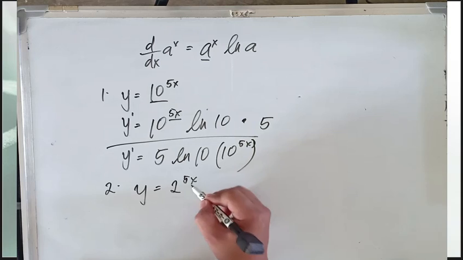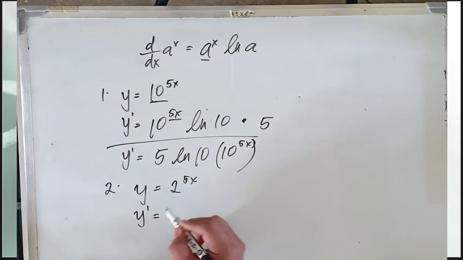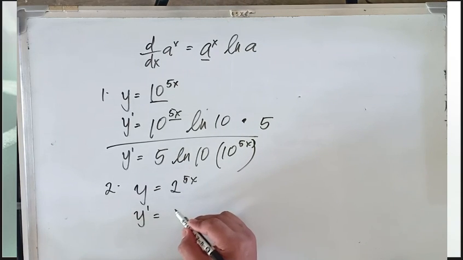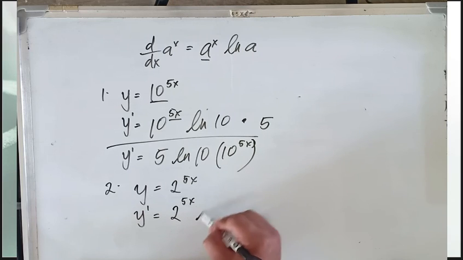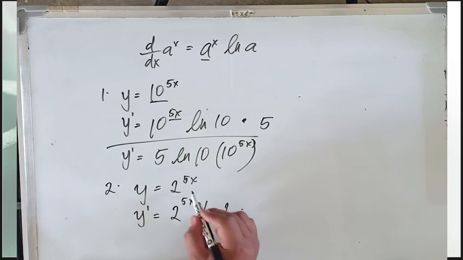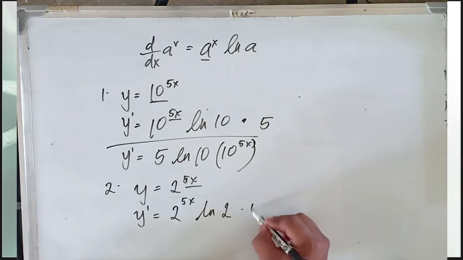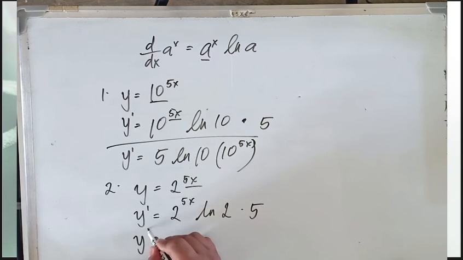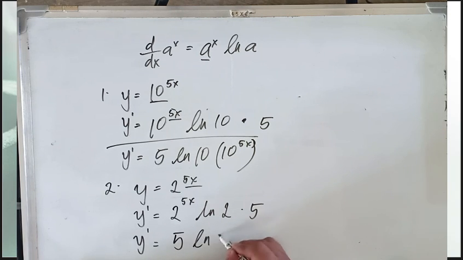So y prime is equal to 2 raised to 5x times the ln of 2 times the derivative of the exponent, which is 5. So y prime is equal to 5 ln of 2 times 2 raised to 5x.